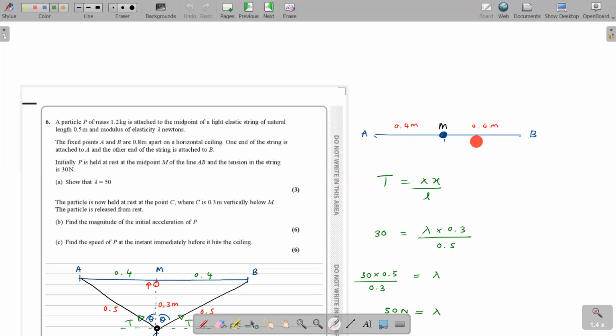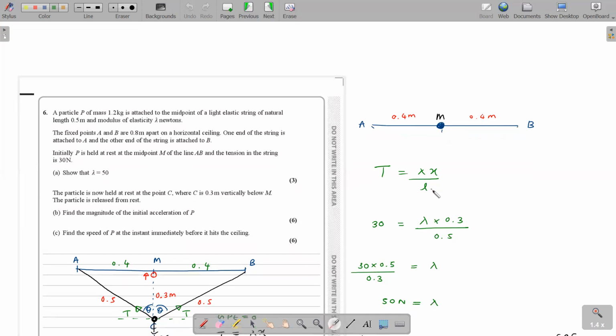Just considering the dynamics of the string gives you what you require.